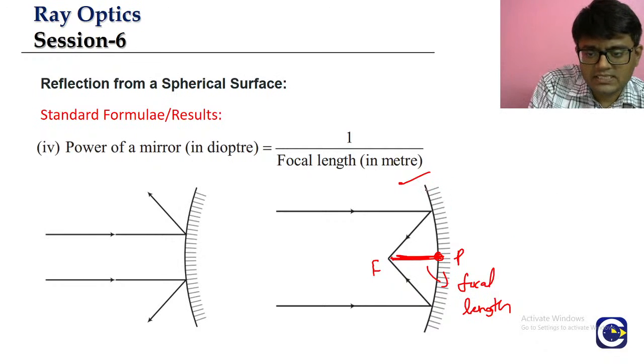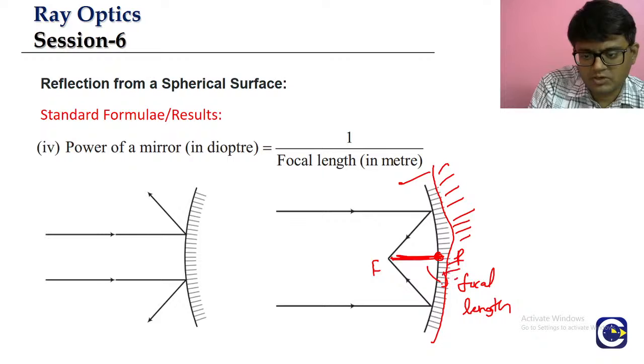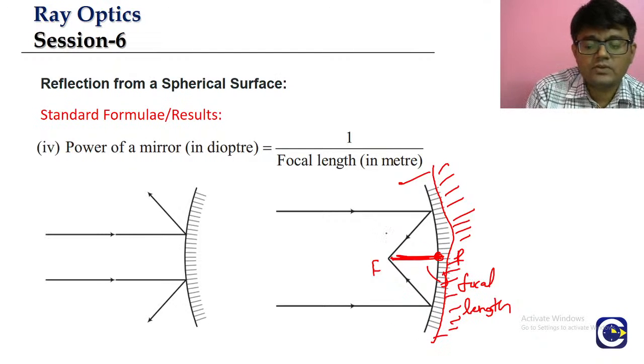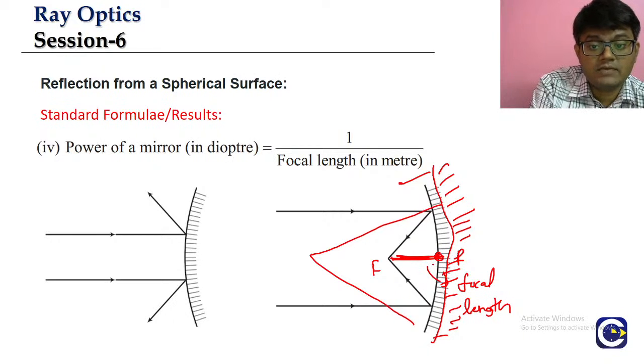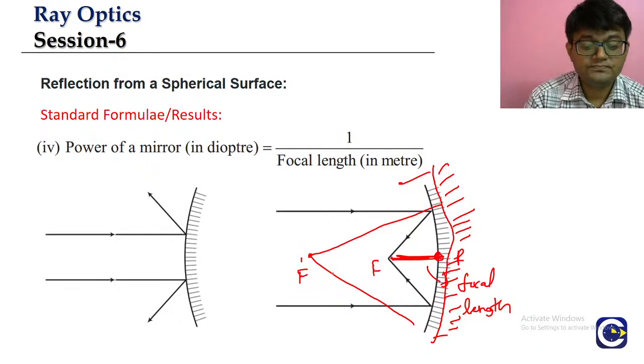Now think about another mirror. I'll draw one more mirror over here. This is also concave. The diagram might not come out really proper, but think about it. Imagine this second mirror I am putting there converges the rays to a point over here, its own focal point, so let us call it F dash.